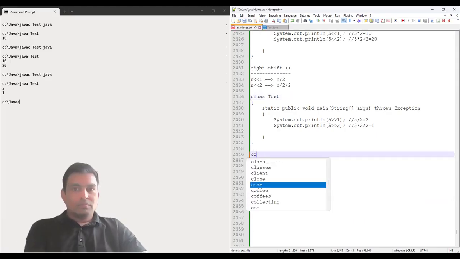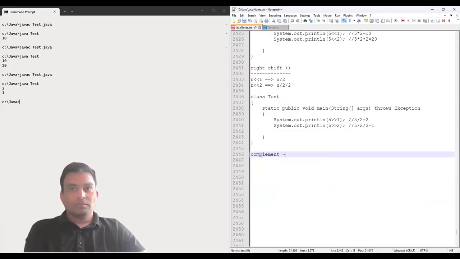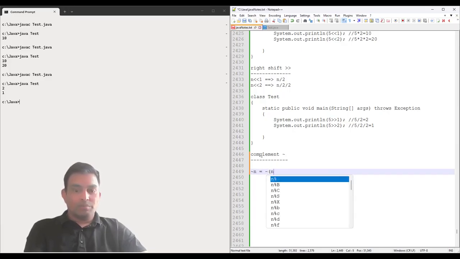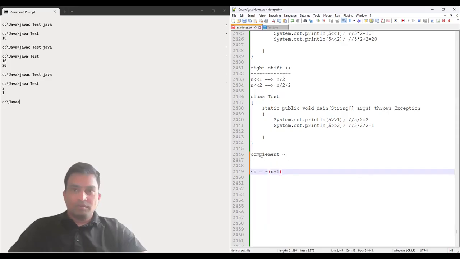Next operator is complement. The formula is, if I have to see the complement of n, then the answer is negative of n plus 1.